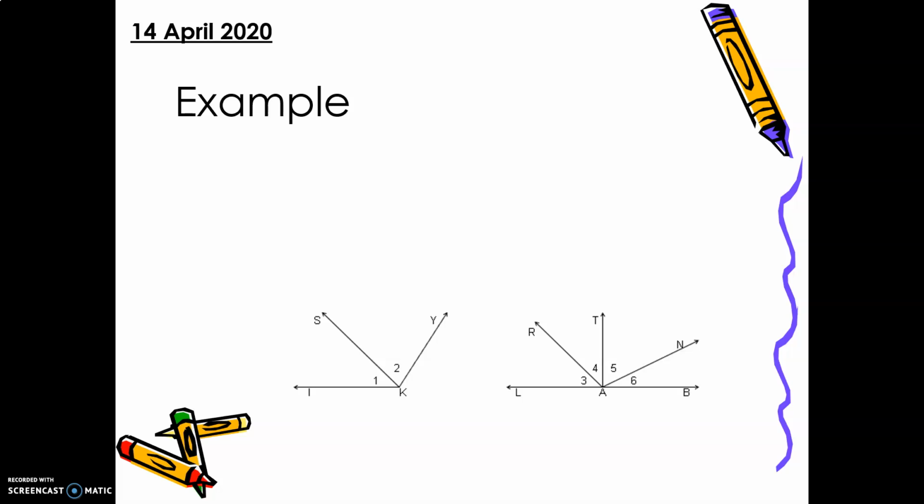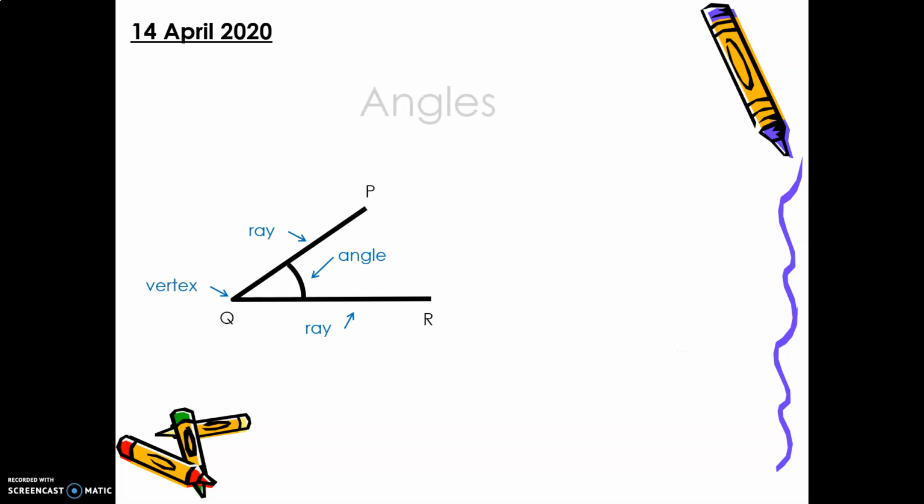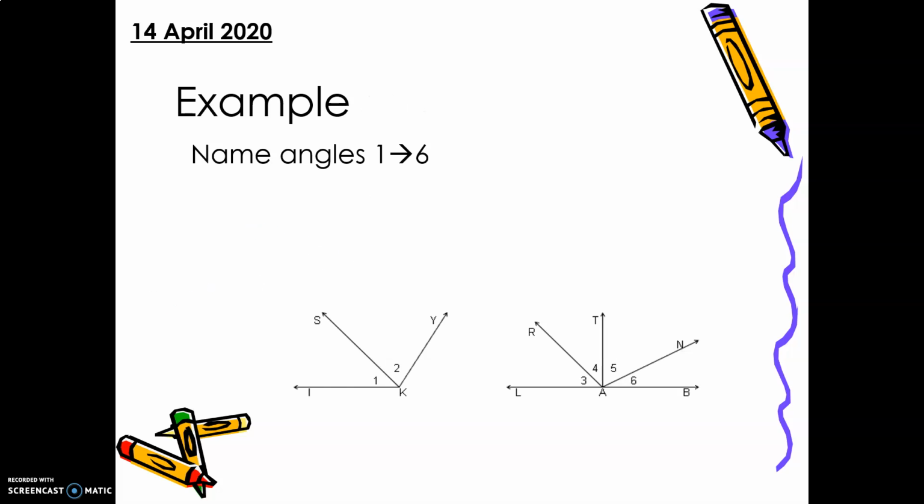Okay, you should have completed naming all those angles. So let's take a look. We've got this one here, which is IKS. We've got SKY, and obviously you could go the other way.